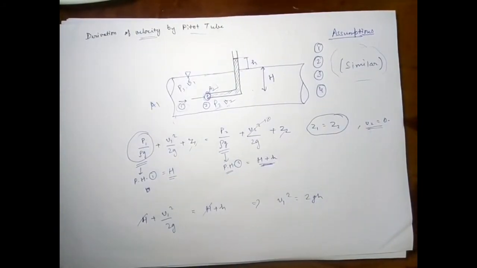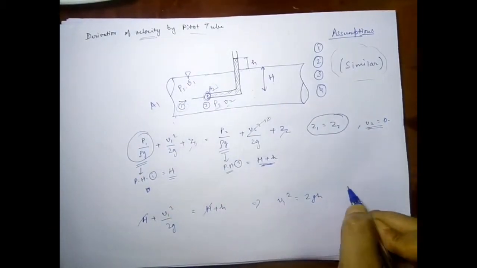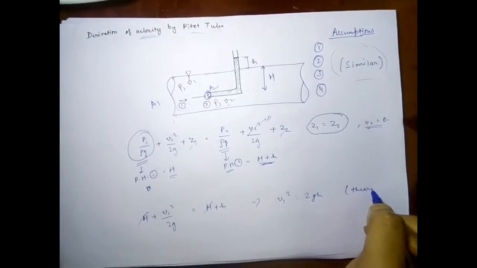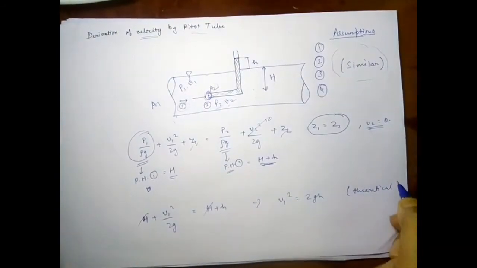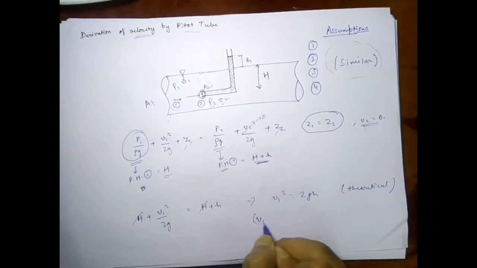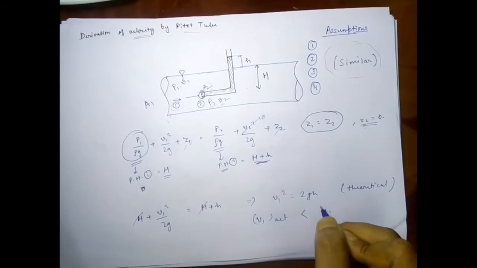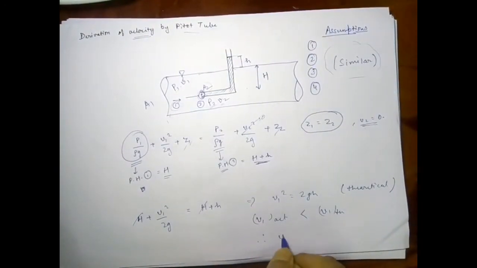Alright, this is the actual velocity, and this is the theoretical velocity. So the actual velocity, that is V1 actual, will be lesser than V1 theoretical. So therefore I will introduce one term, that is CV.